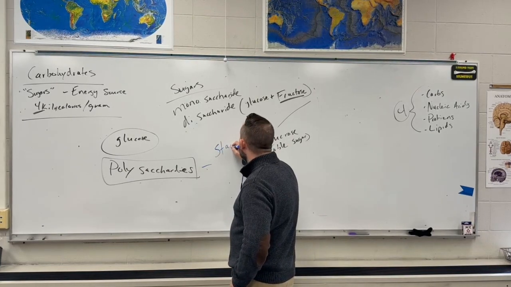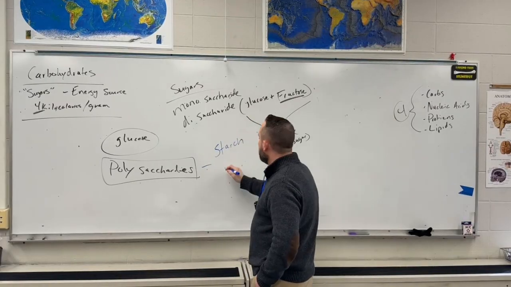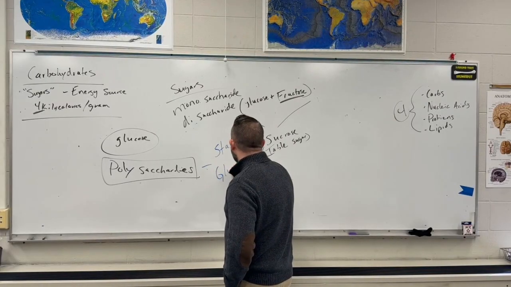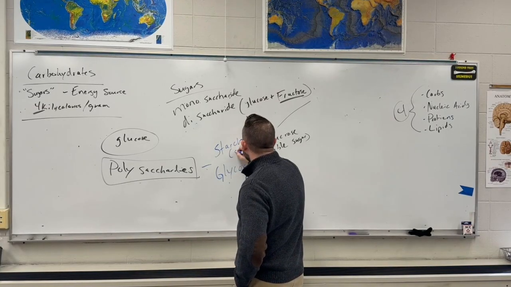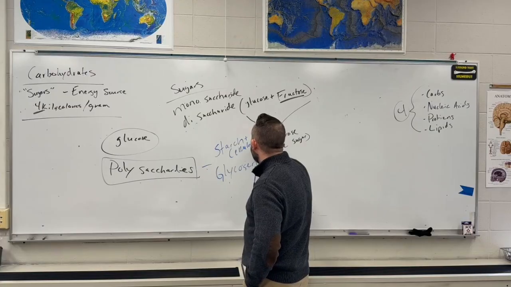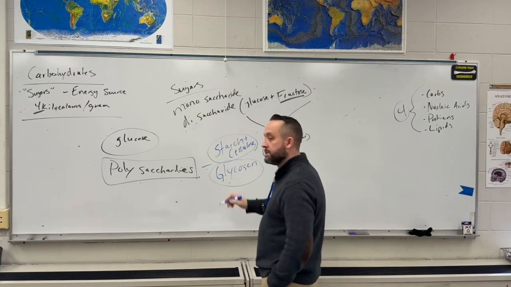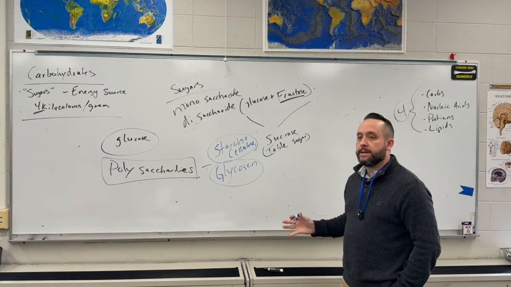Starch is one. Right? These are plant forms, and these are animal forms. Okay? Long chains.